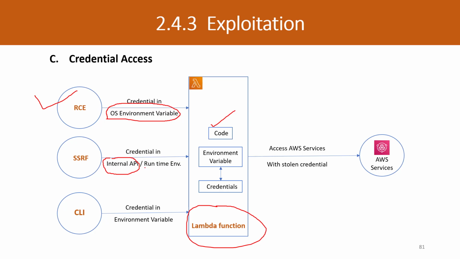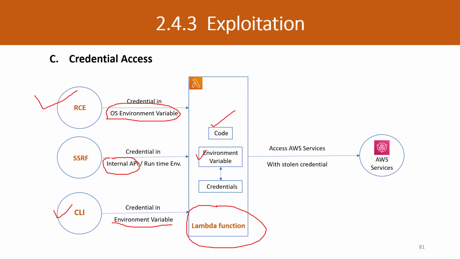It depends on whether they have the credential or not. Third, if you have CLI access, that means if you already gained initial access, you can use the CLI to retrieve the environment variables. So basically, in Lambda functions there is a high chance that the credential will be in the code as well as environment variables, but there are multiple ways to access these environment variables.